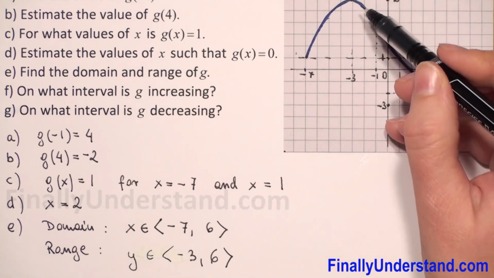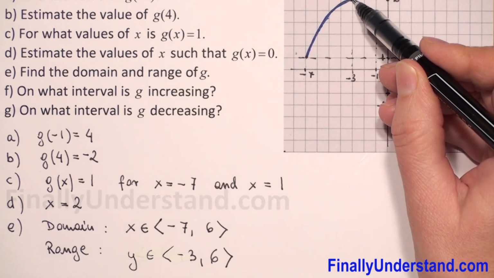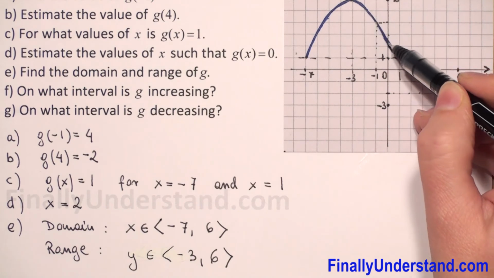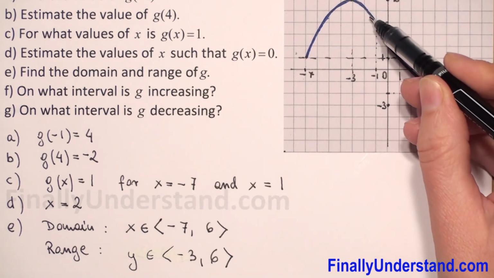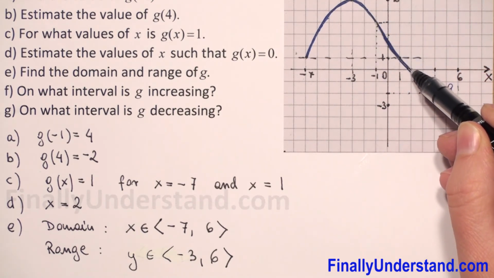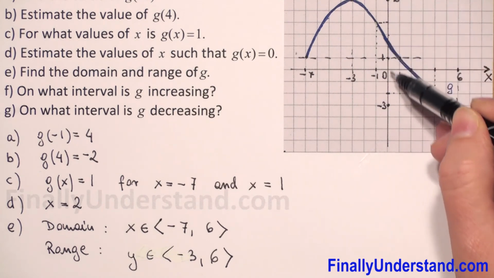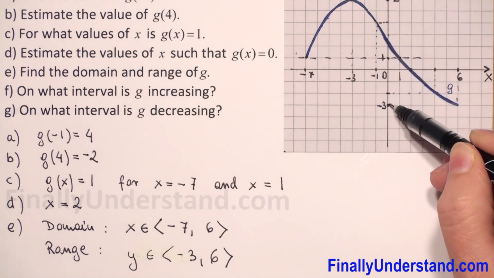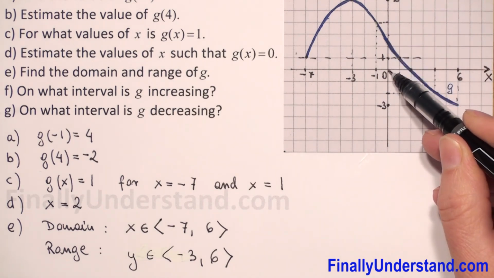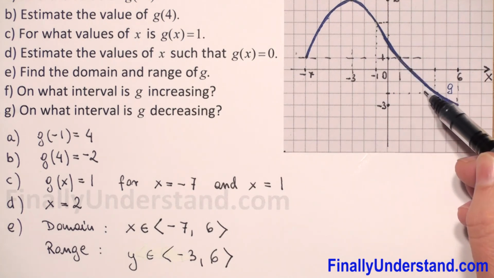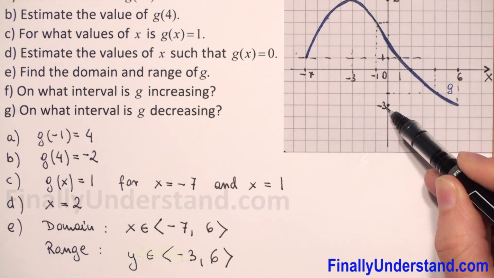And now from that point we see that we're going down. It means our value is decreasing. From 6 we see the value decreasing to -3. 1, 0, smaller, smaller, smaller, smaller until -3.